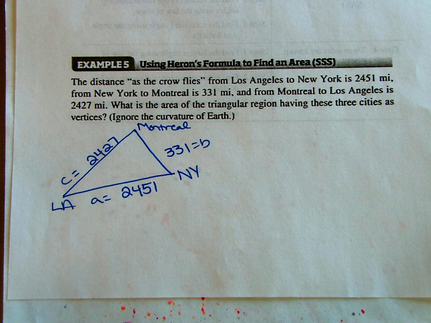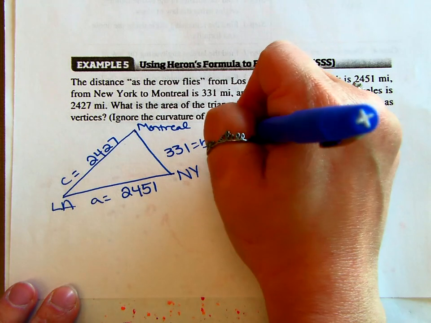So if I have to find the area, that means I'm going to use Heron's area formula. But in order to use Heron's area formula, I have to know my semi-perimeter, which is S equals 1/2 times (A plus B plus C).